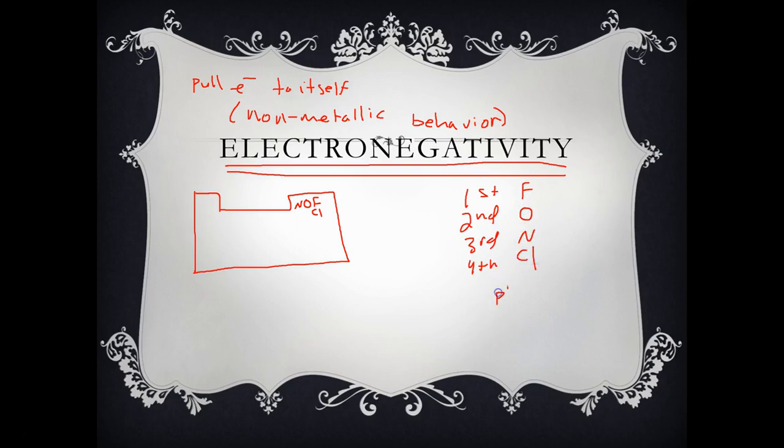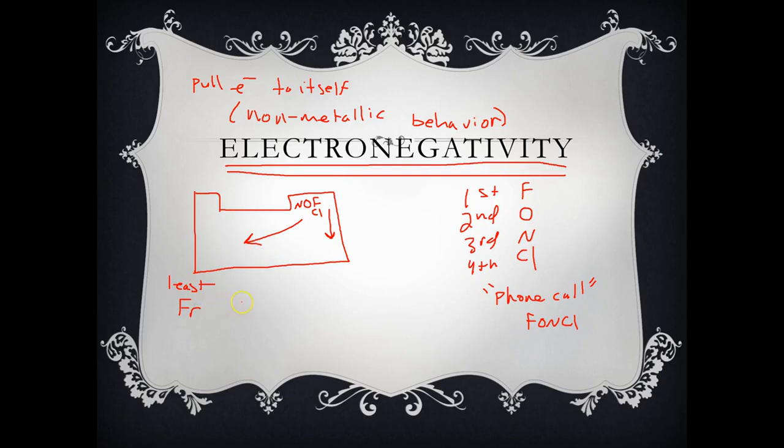So "phone call" is a good way to remember this. Those are the top four. And then it decreases down and decreases that way. So this is the least, and fluorine's the most. Francium is the least here.